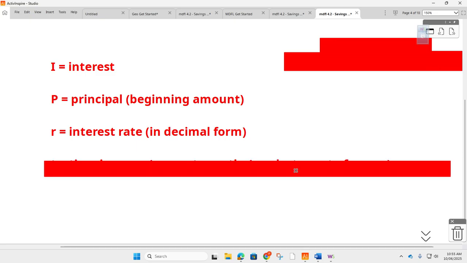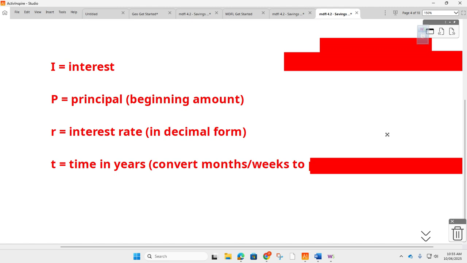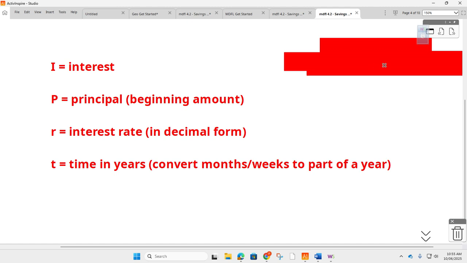And lastly, T equals time in years. If they give you the time in years, 2 years, 2.5 years, 10 years, 20 years, you're great. Then if they give it to you as 6 months, you've got to convert that to the portion of the year that 6 months is. So 6 months out of a total of 12 months means it's half a year, right? 0.5 years.